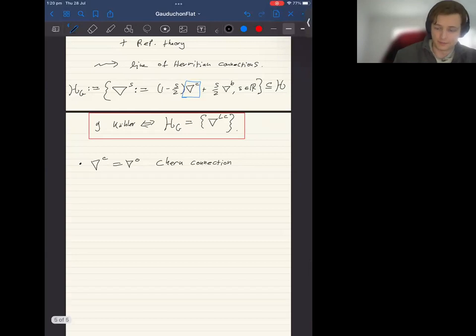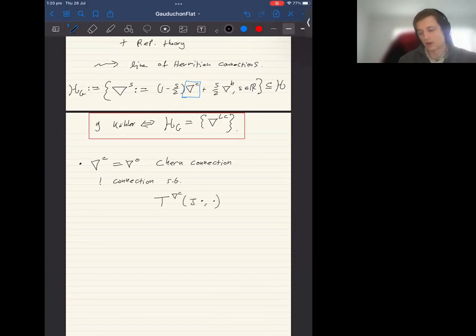It's the unique connection such that its torsion satisfies this. We have this torsion tensor, and basically we can pull out J. If you prefer to work in complex coordinates, what this means is that the i, j-bar part of the torsion is 0.